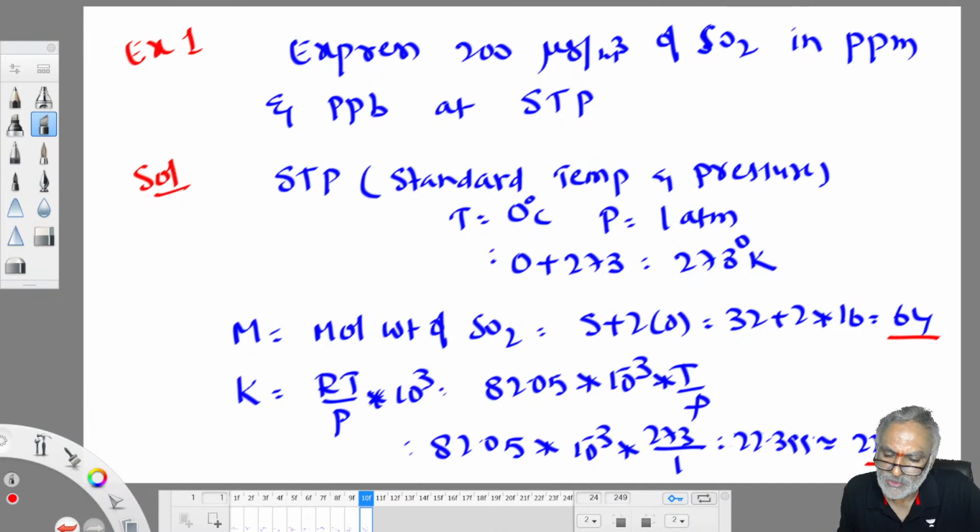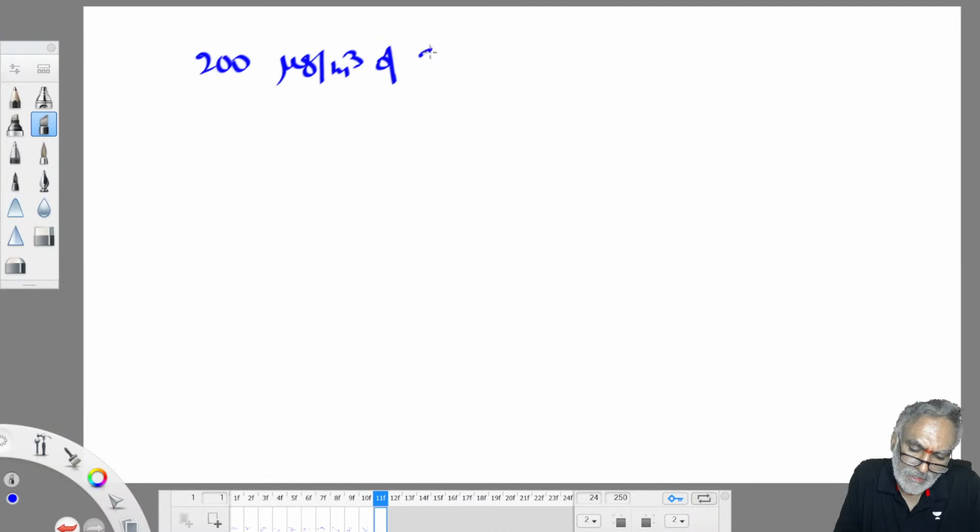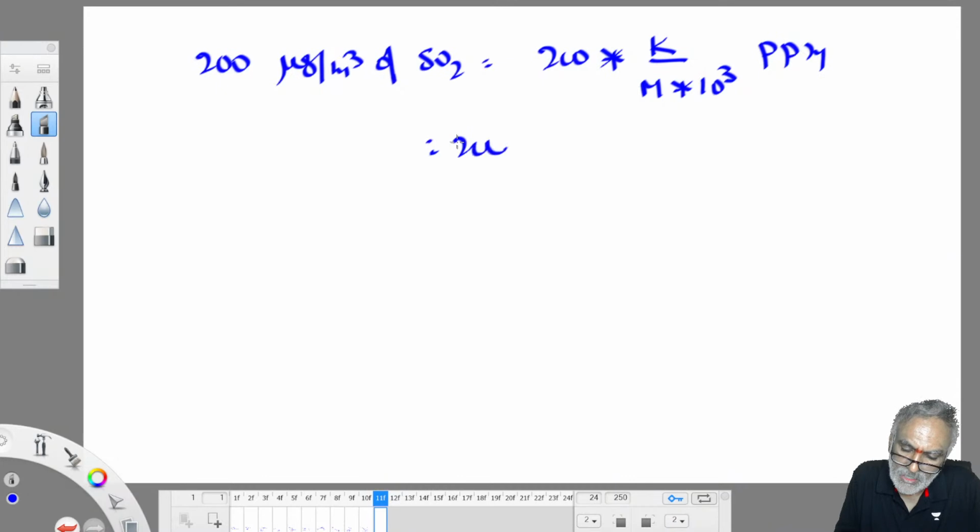Next, formula substitution only. Microgram to ppm. So 200 microgram per meter cube of SO2 is equal to how many ppm? So 200 into K by M into 10 cube ppm. So 200 into K value we got just now, 22.4, M 64 into 10 cube ppm.